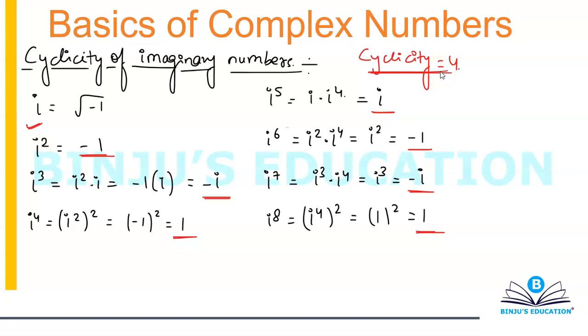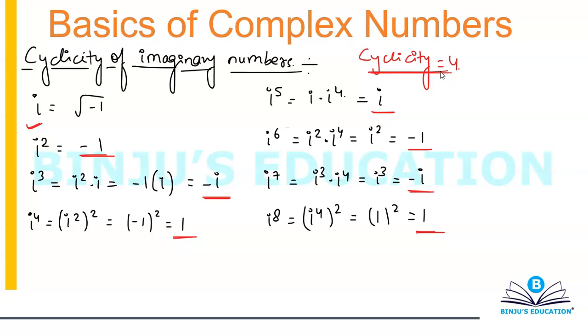So any power of iota can lead you to only 4 results: iota, minus 1, minus iota, and 1. These are the only 4 answers that you can have. They cannot ask anything else.